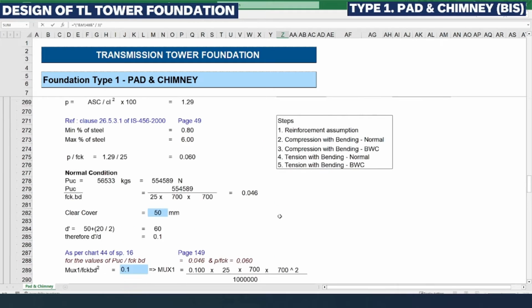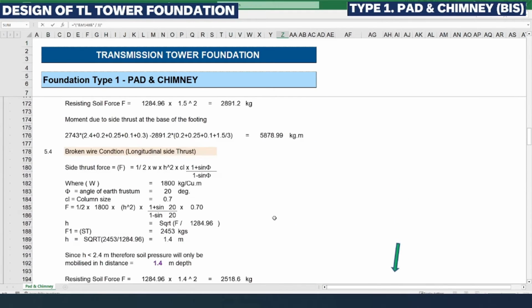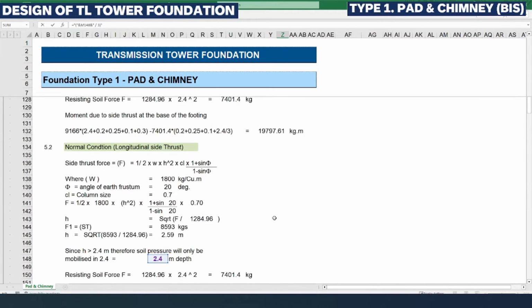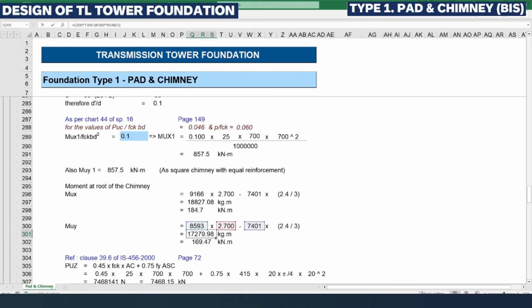So here also the 2.4 meter depth we need to consider for the longitudinal side thrust. So again MUY, which is the longitudinal side thrust moment, is 169.47 kilonewton meter.